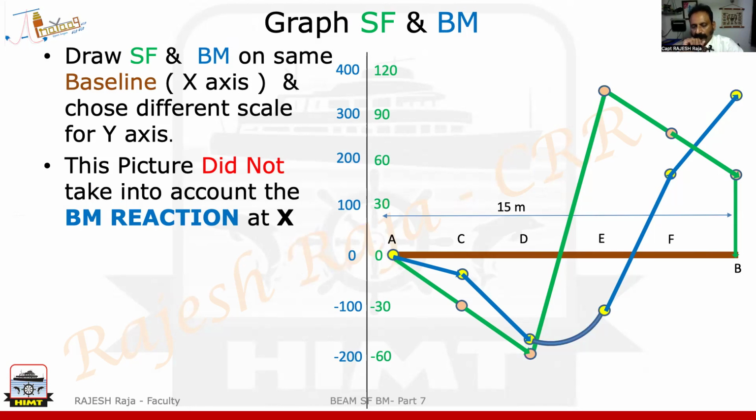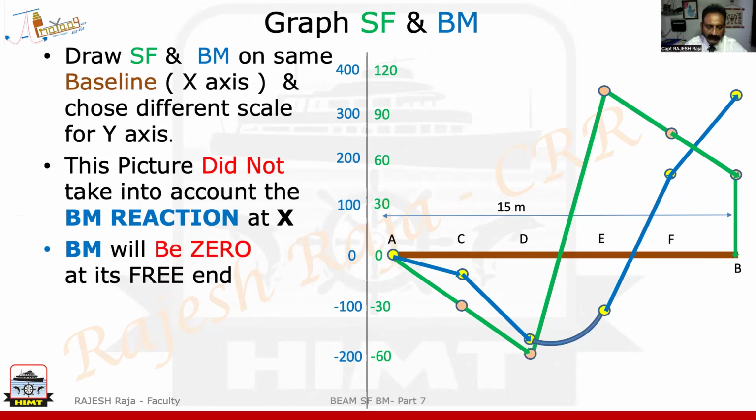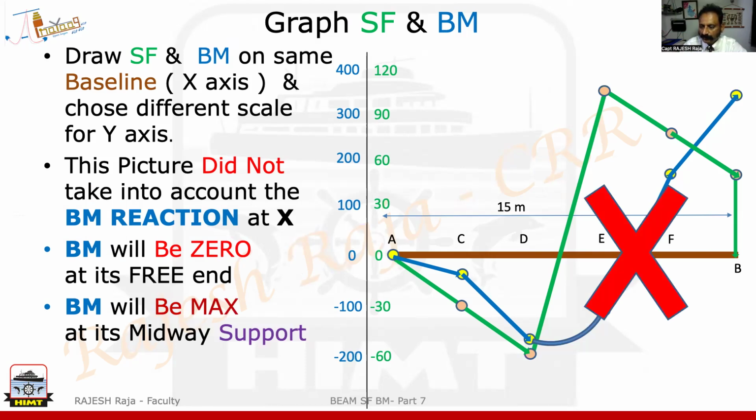So basically for me, I should stick to a few things. BM at A should be 0, BM at B should be 0, and you should have maximum BM only at X. So if you go by this principle, this BM diagram is wrong because it did not take into account the reaction.